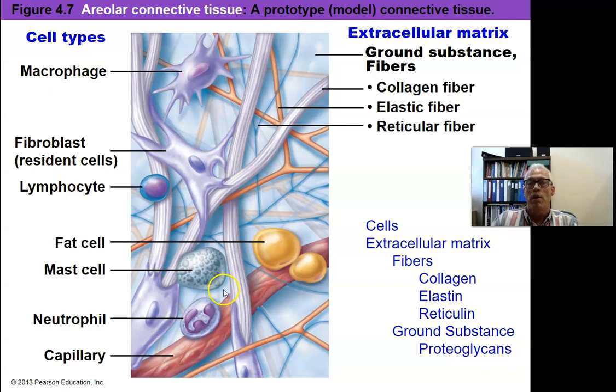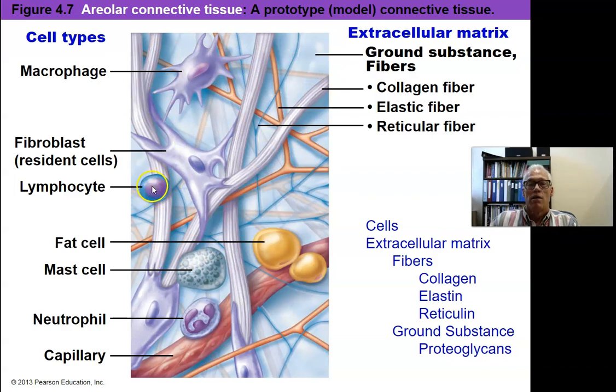There are white blood cells, defensive white blood cells, for example. Here is a macrophage, a phagocytic cell that can recognize foreign material and engulf it and bring it into the cell, phagocytosis, and then digest it and kill it if need be, if it's an invasive bacteria, for example. Also, debris after tissue injury is often cleaned up by macrophages.